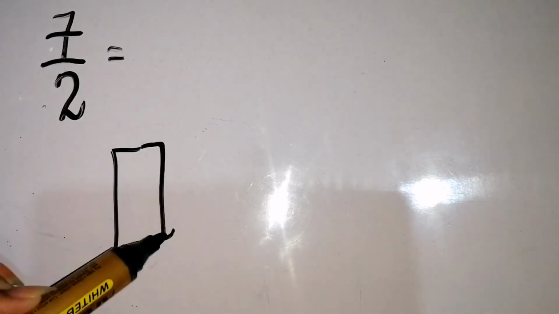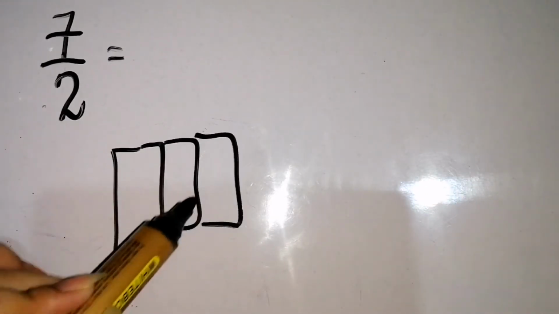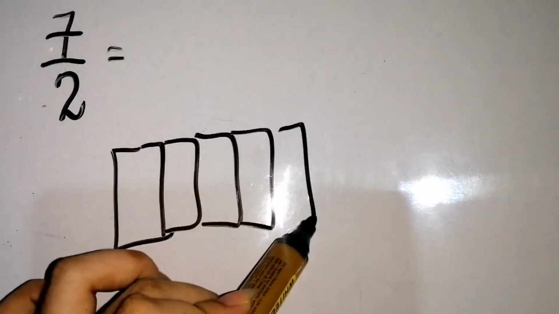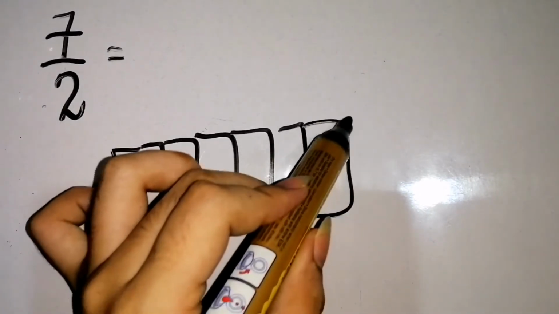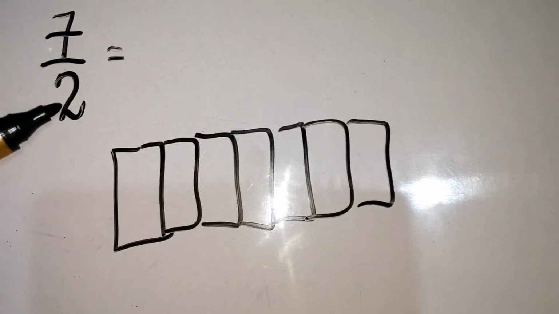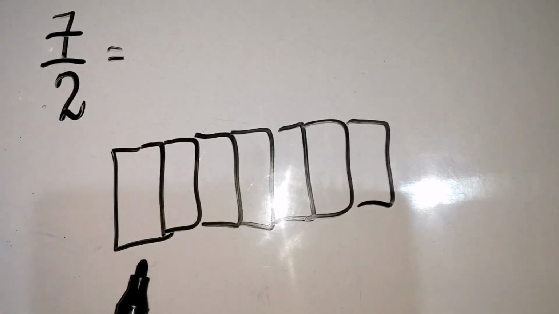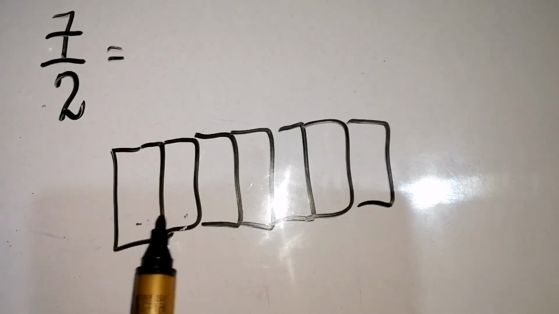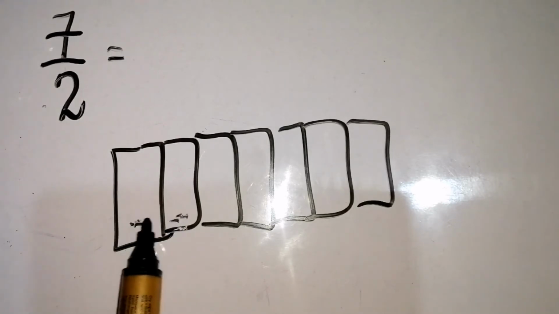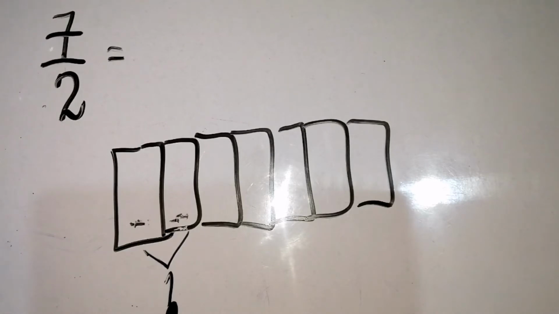Let's say these are the 7 parts that we are taking. Now, based on our denominator, the whole is composed of 2 parts. So I can take 2 parts here and combine them as 1 whole.